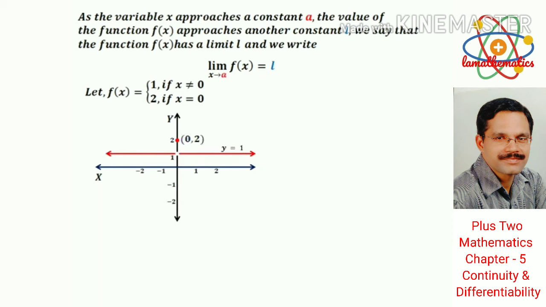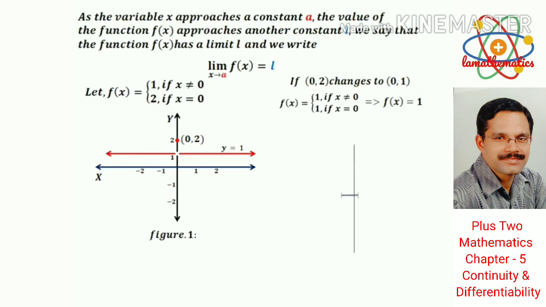In this case, there is no break in the line y equal to 1. If point 0, 2 changes to 0, 1, f of x equal to 1 if x not equal to 0, and 1 if x equal to 0. That is, f of x equal to 1 for all values of x.